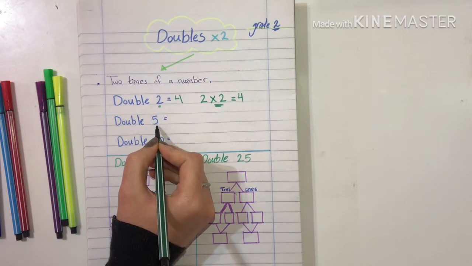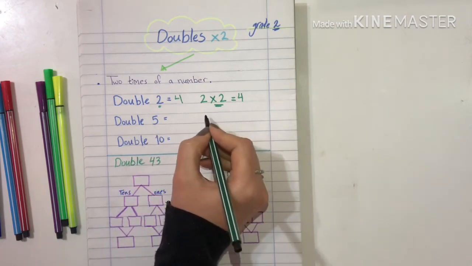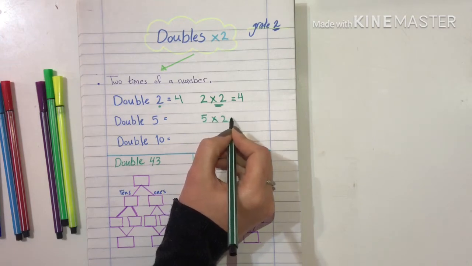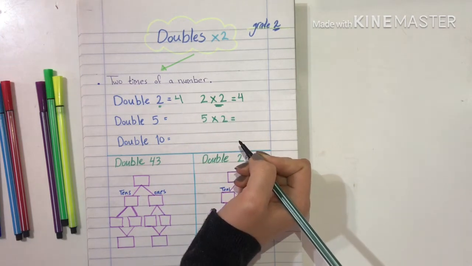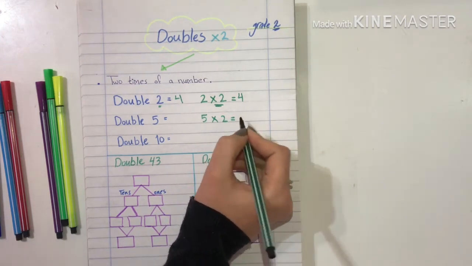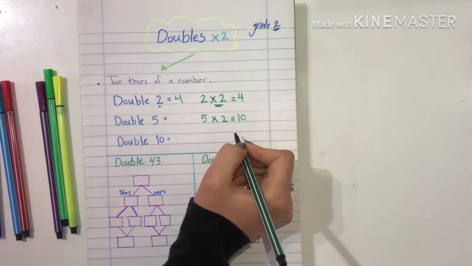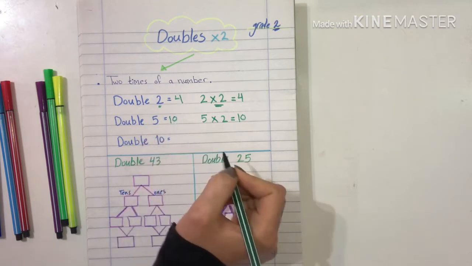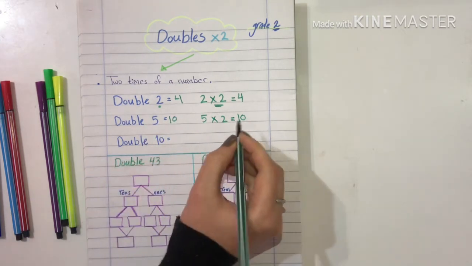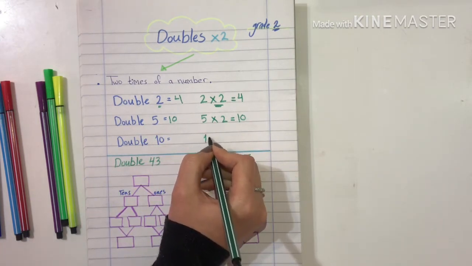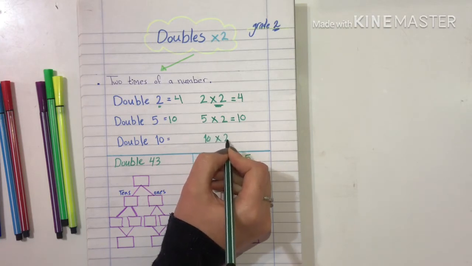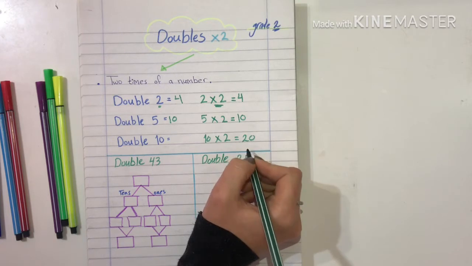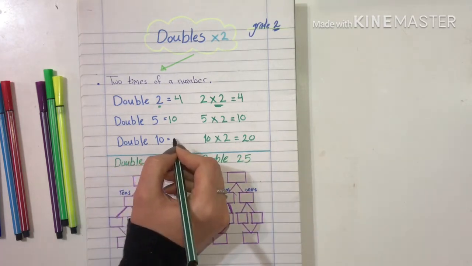Double 5, as another example, is 5 times 2, 10. So double 5 is 10. Double 10 is 10 times 2 equals 20. So double 10 is 20.